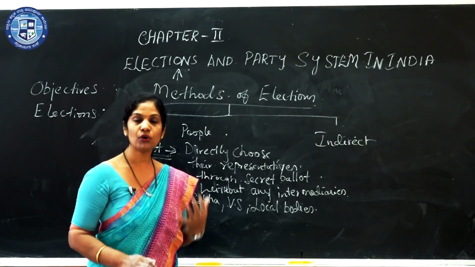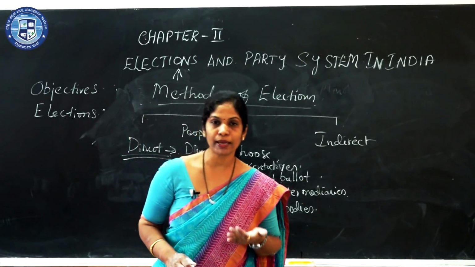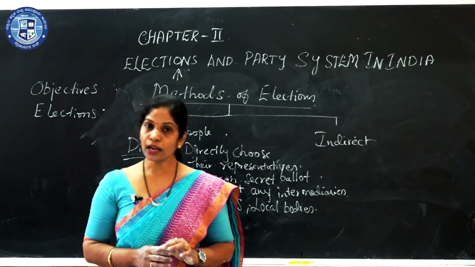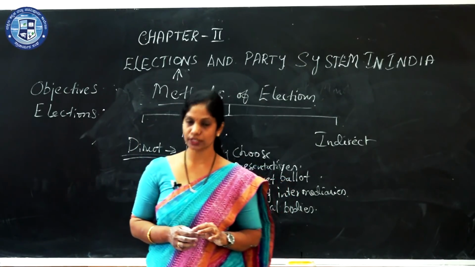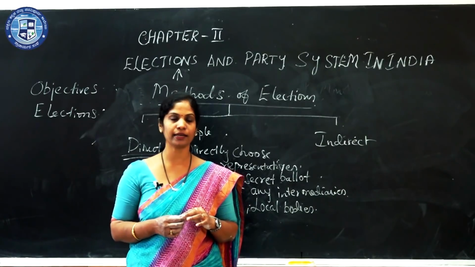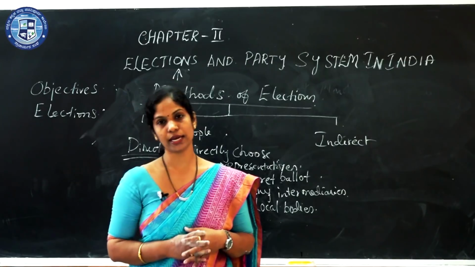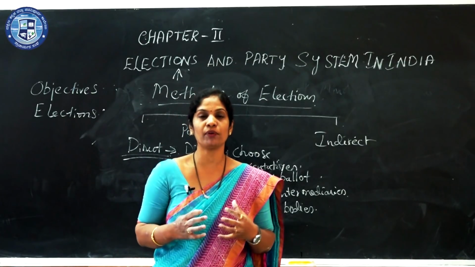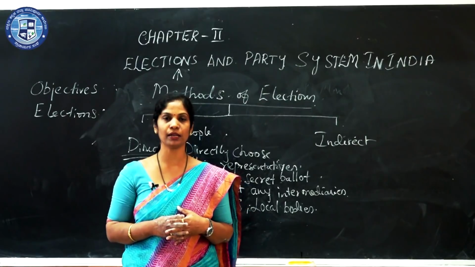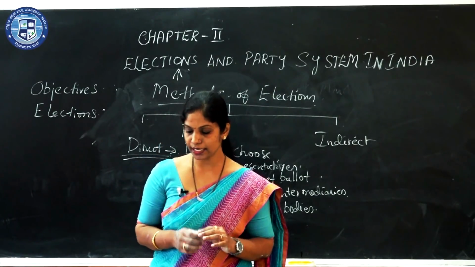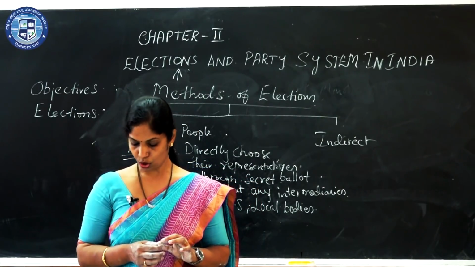Then the fourth merit of the direct election is that it allows the common public to select the eligible candidates. They can elect the eligible candidates whomever they find feasible or eligible, so they select the eligible candidates to the office.